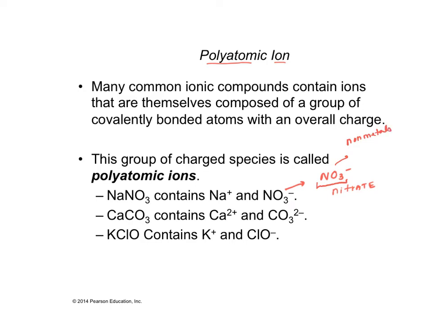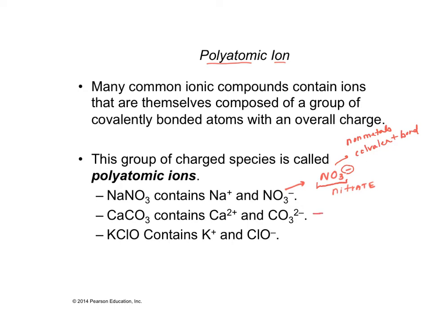And so this is a covalently bound molecule, covalent bond, right? But together, as a covalently bound molecule, they have taken on an extra electron, right? So they have formed an ion, okay? So polyatomic ions are themselves molecular compounds that have either lost or gained an electron and formed an ion, okay? So this guy is nitrate.